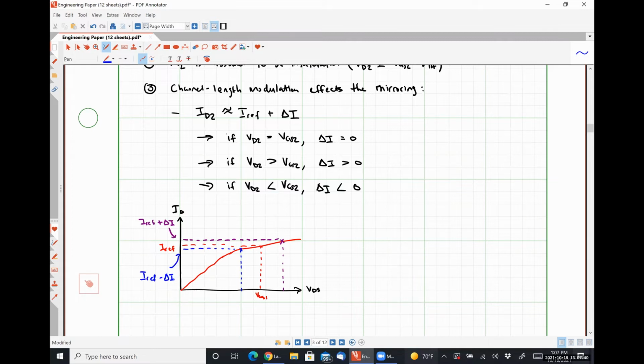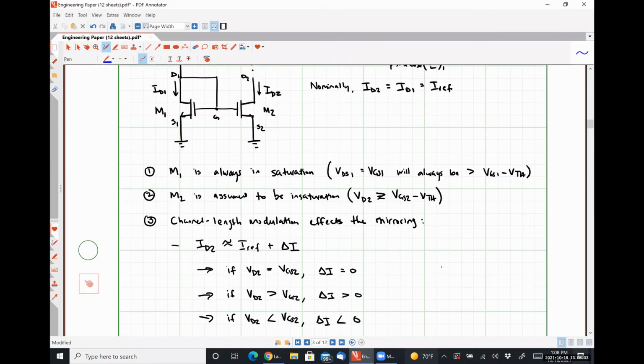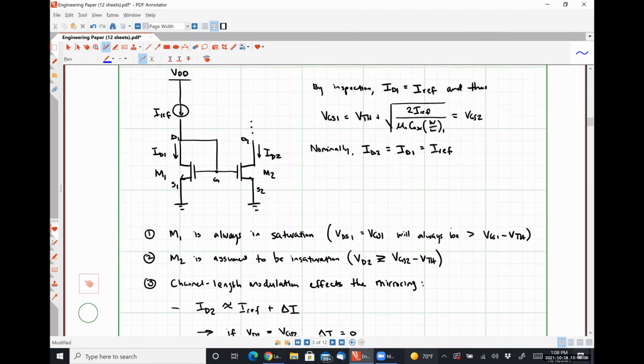It's absolutely dependent on how far away our voltage VDS is. Okay, so this is a channel length modulation bit, right? So we are assuming our VGS1 is going to be operating at some fixed value, right? So let me explain what's going on here in our original circuit.